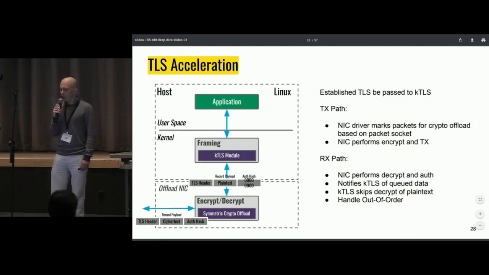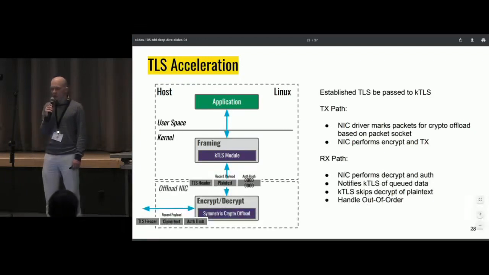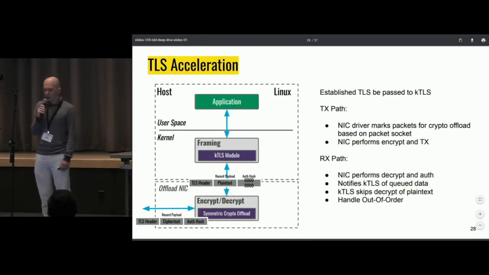And once a connection is established, it is able to pass that connection to the KTLS module inside the kernel, passing the credentials of the connection into the KTLS module, which in turn can push those same credentials and connection information down to the hardware.